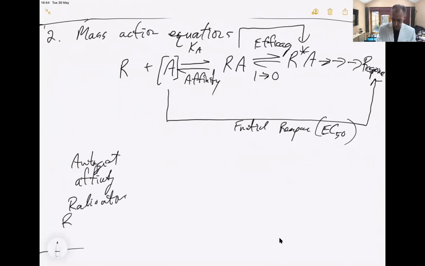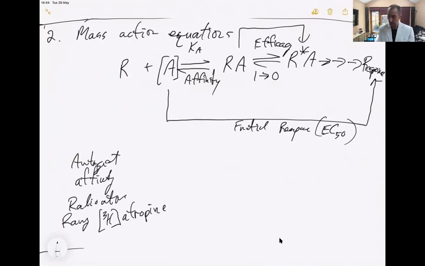So remember I told you Rang from Rang and Dale, this book, he used something called tritiated. This is H3, it's a radioactive beta decay form of hydrogen, and he used tritiated atropine, and bound it to muscarinic receptors.